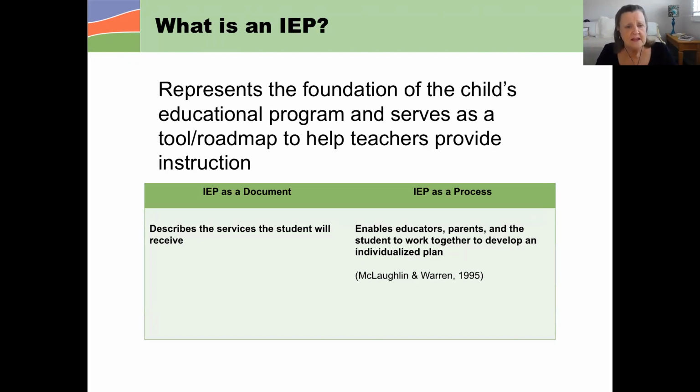One is the IEP as a document, the thing that results from participating in the IEP as a process. So the document describes the services that the student will receive, and the process enables us all to work together to develop that individualized plan that will ensure that the student does get the education that they need.